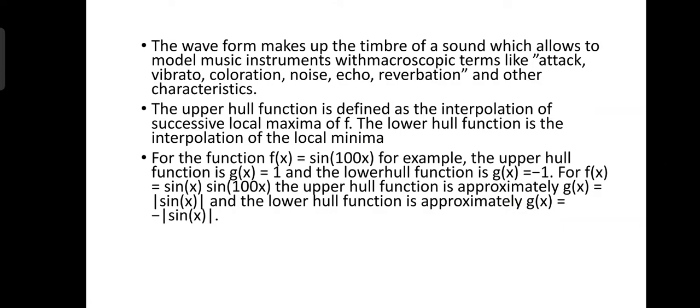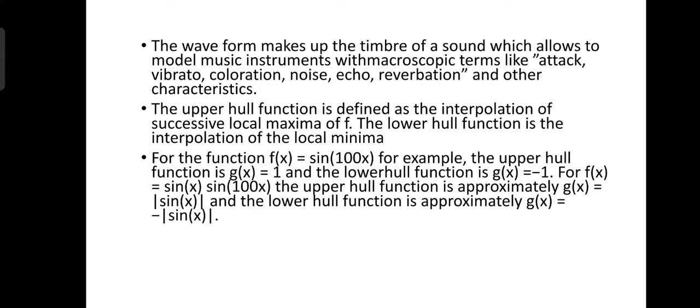The waveform makes up the timbre of a sound, which allows us to model musical instruments with microscopic terms like attack, vibrato, coloration, noise, echo, reverberation, and other characteristics. The upper hull function is defined as the interpolation of successive local maxima of f. The lower hull function is the interpolation of the local minima.